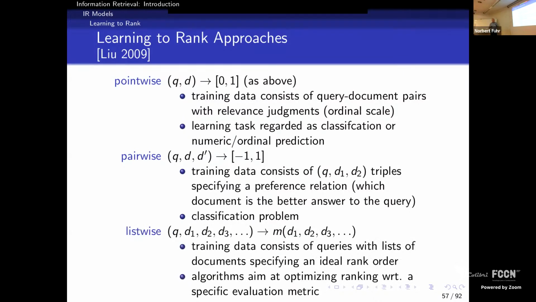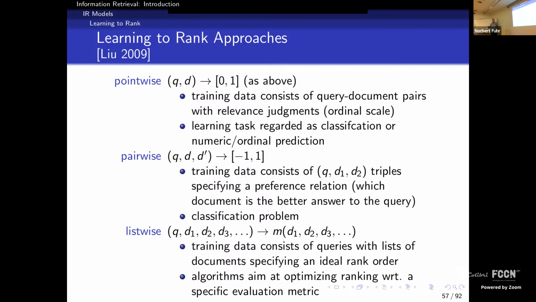So the third approach is listwise, where you try to optimize the ranking with respect to a specific retrieval metric. So in that case, your training data consists of queries with lists of documents specifying an ideal rank order. You tell the system these documents should be ranked in this order. And then the algorithm aims at optimizing the ranking with respect to a specific evaluation metric.